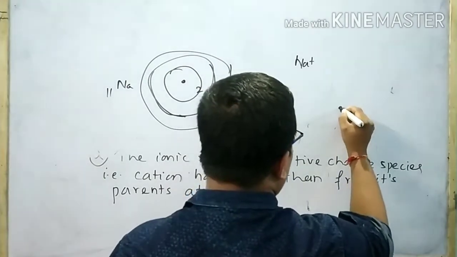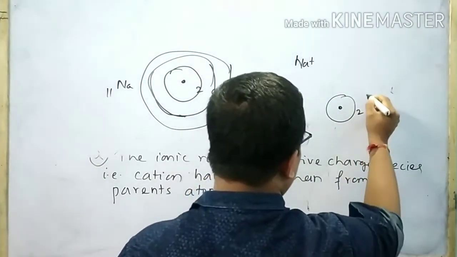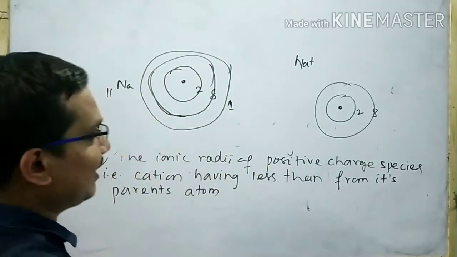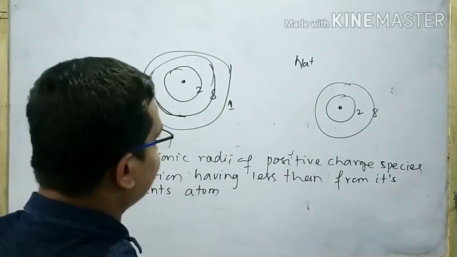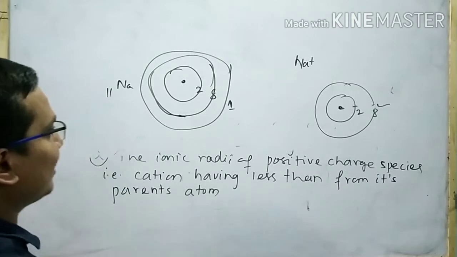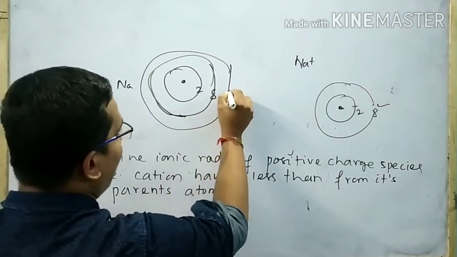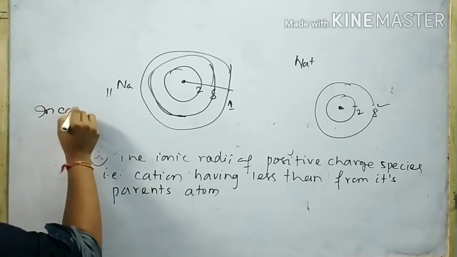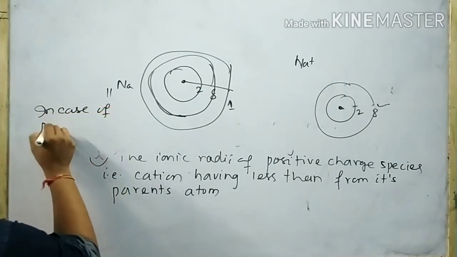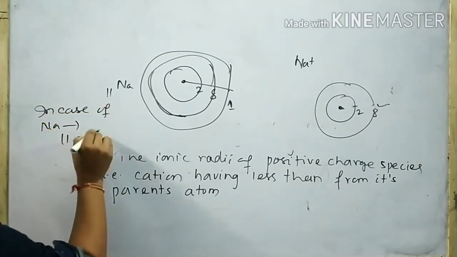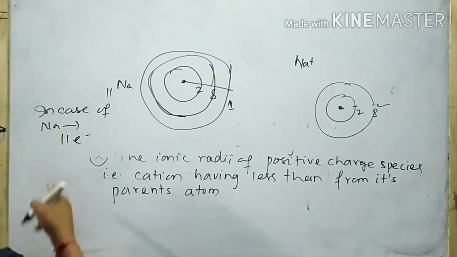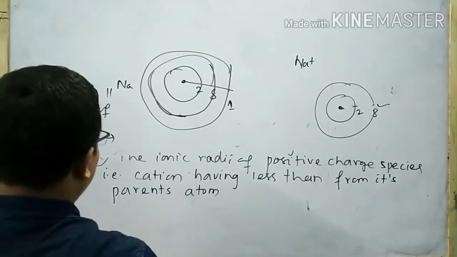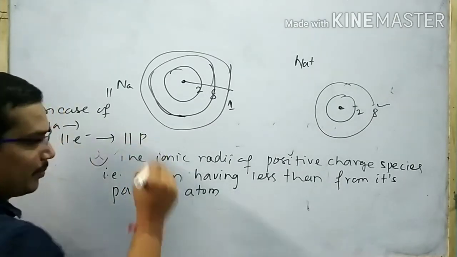That means in the K shell 2 electrons, in the L shell 8 electrons. No electron is present in the M shell. In the case of sodium, the radius is considered from the M shell. In the case of sodium, 11 electrons are present, and these 11 electrons are tightly bound by the 11 protons.